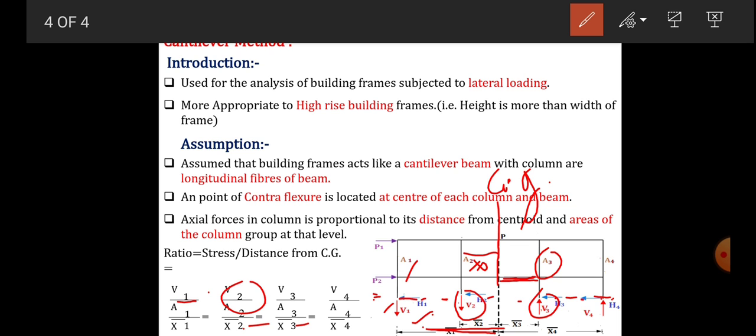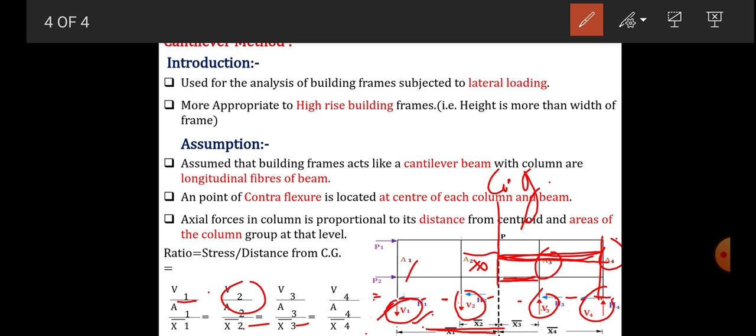Then the last column is V4 divided by A4 divided by x4 bar, the centroidal distance with respect to the CG. So these ratios are the same, and from this ratio we can find the axial force.